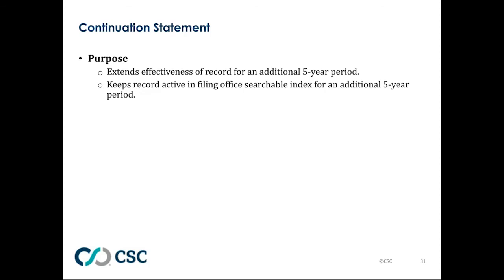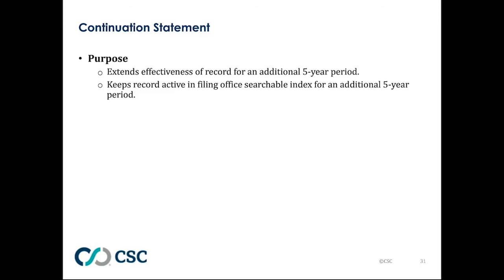One is to extend the effectiveness of the record for an additional 5-year period. The other is to keep the record active in the searchable index for an additional 5 years. The filing office is only concerned with the second of those two, keeping the record active. The filing office is not concerned about the effectiveness of the record.